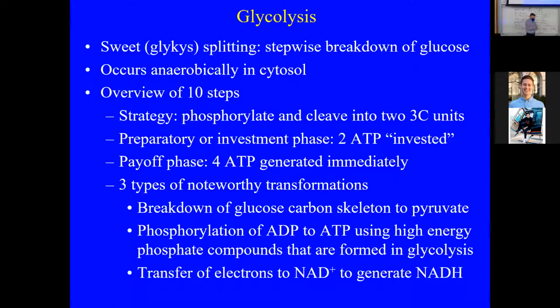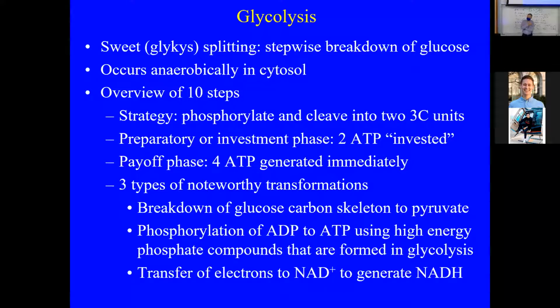Well, the answer is not fully understood, but part of it is that if one were to liberate all of the energy from a glucose molecule, it would actually be too much. It would overwhelm the cell. It would cause too great a shift in temperature and would result in the death of the cell.